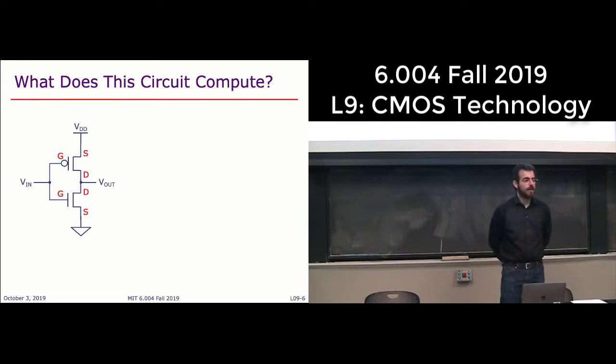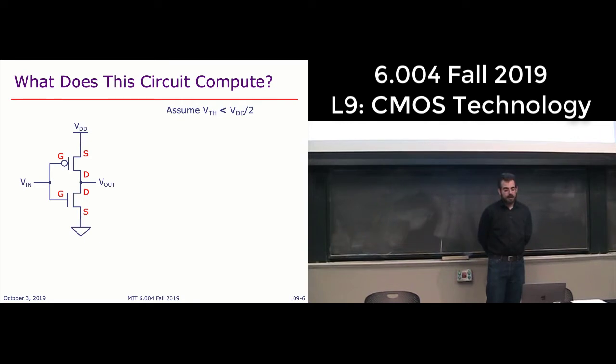So we label the terminals this way: source, drain, drain, source. Now that we have the terminals labeled, it's pretty clear that this is always going to be at a higher voltage than this terminal. It's going to be at a higher voltage than anything else in the circuit. That's VDD. Same deal for the source of the NFET.